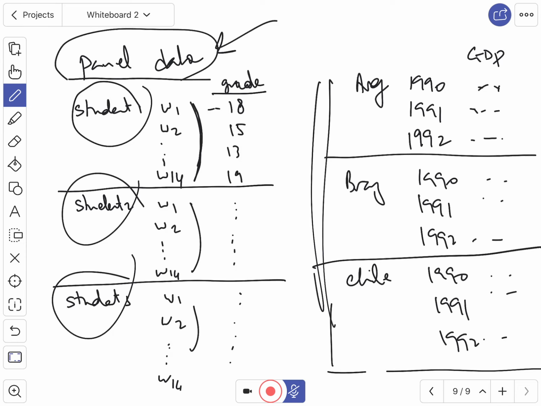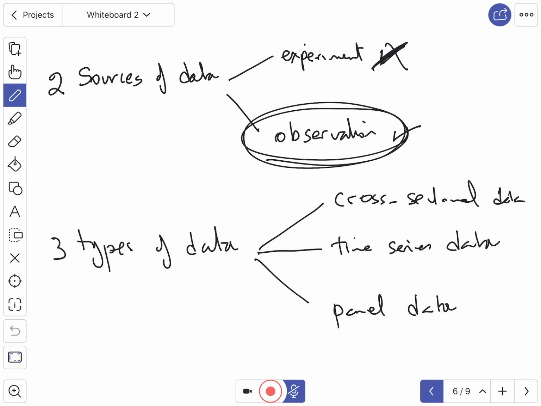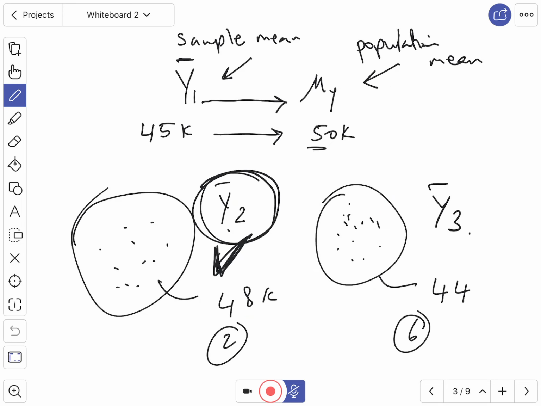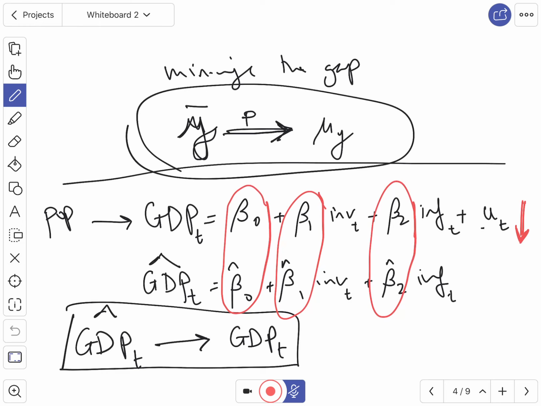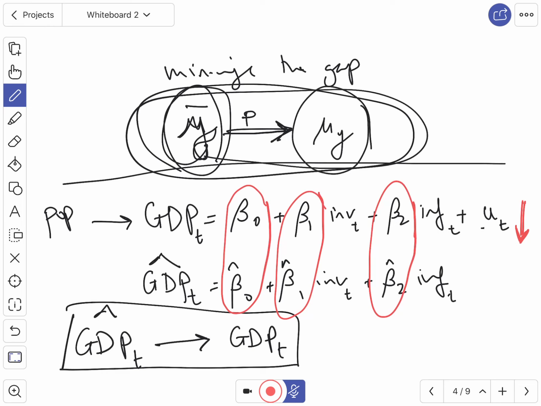Panel is the best because you're combining time with cross-section, so you're getting so much information that can help you get the best predictions, and go back to our point, the closest estimator. You want your predictions, your estimators, to be as close as possible to the population parameters.